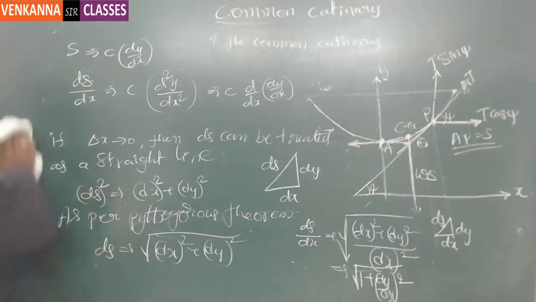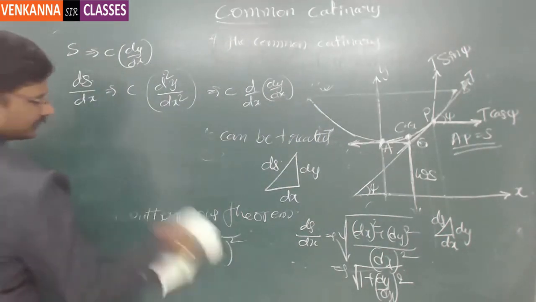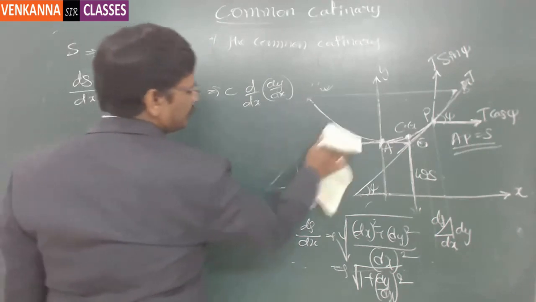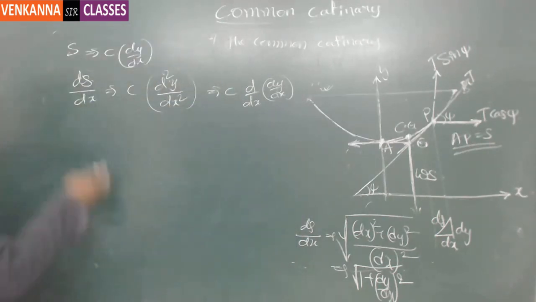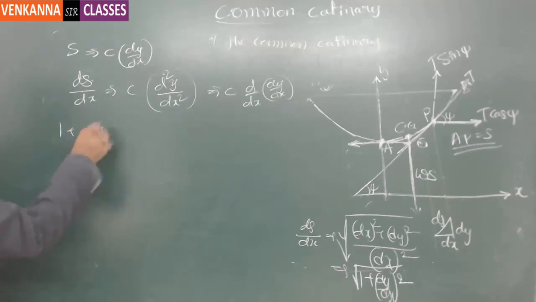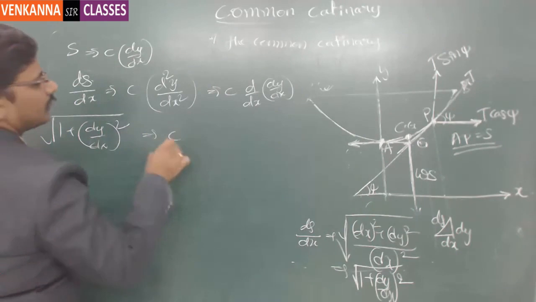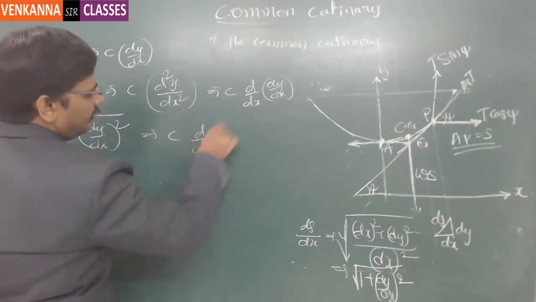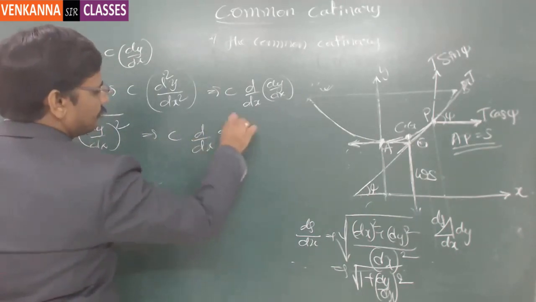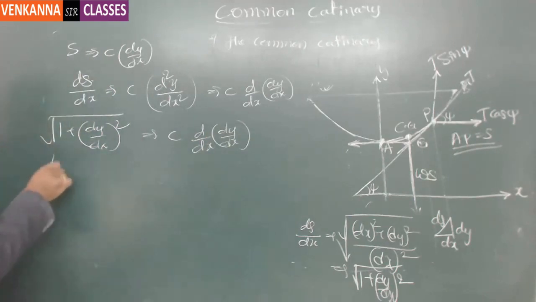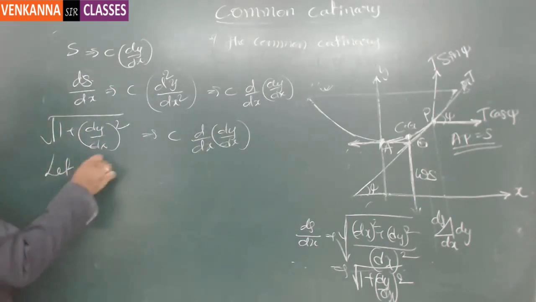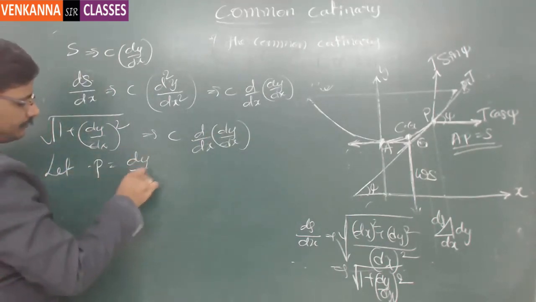Okay. So now, if you put this relation in the above equation, ds by dx can be replaced with square root of 1 plus dy by dx whole square, which is equal to c times d by dx of dy by dx. Now let p be equal to dy by dx.